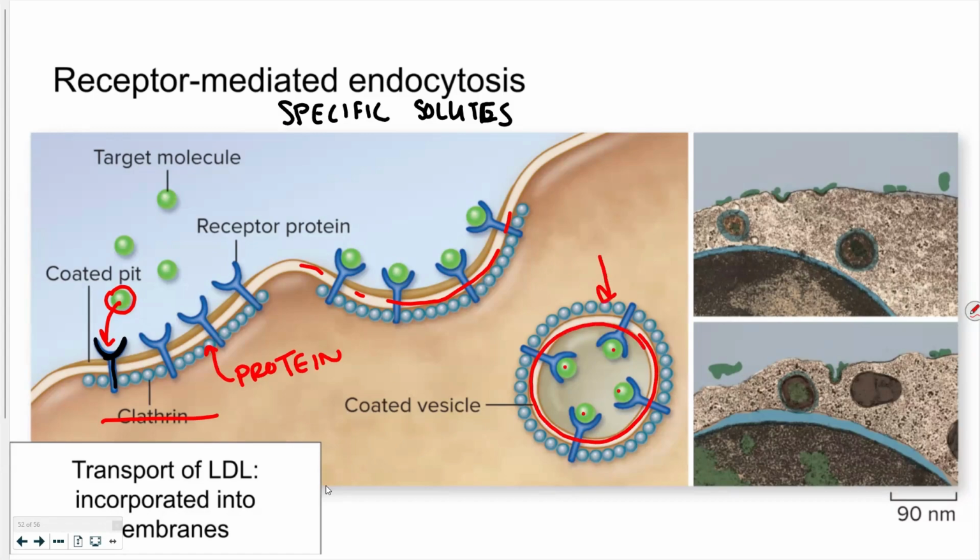These little proteins act as a barcode, the same as your Amazon delivery driver will scan to determine where this needs to be going. So this is so that it gets delivered to the correct place in the cell.